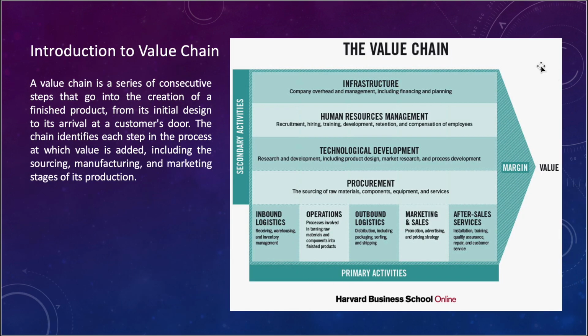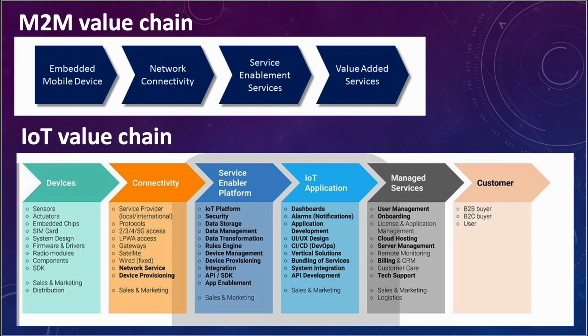You can see, this is a general understanding of the value chain. And this is the normal value chain that I use, this picture, mainly because it breaks down the components of each value chain.